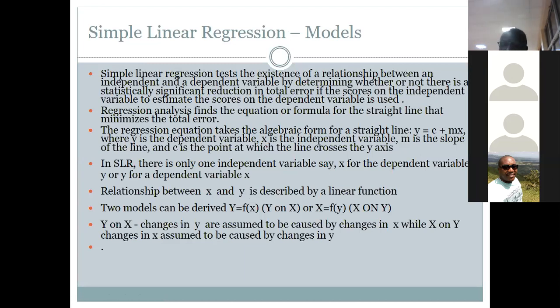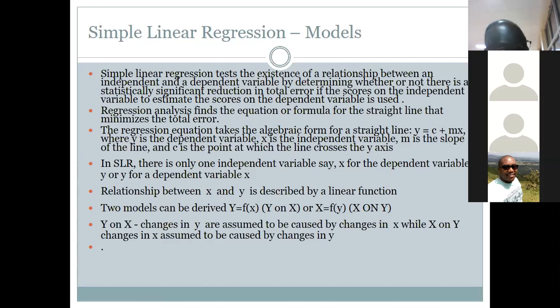So if you are given two variables, like advert cost and sales volume, let the sales volume be Y and the advert cost be X. If you want to predict Y given X, note these things. That's number one. If you want to predict Y given X, sales volume given advert cost, then you need to build a Y on X regression line.